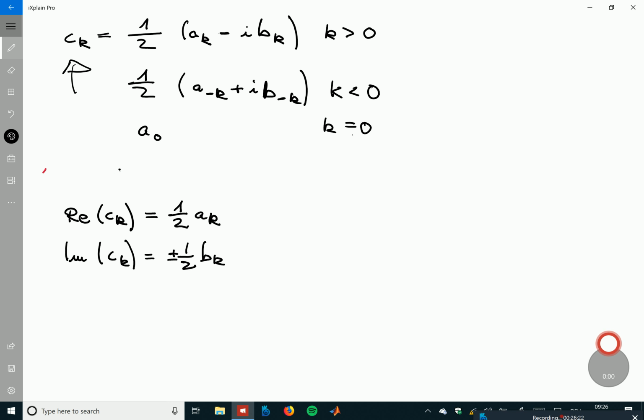Essentially, we are now trying to make sense of the complex coefficients that we are given. Given ck, we can evaluate the real or the imaginary part of this complex number, and then we know we have our ak and bk.